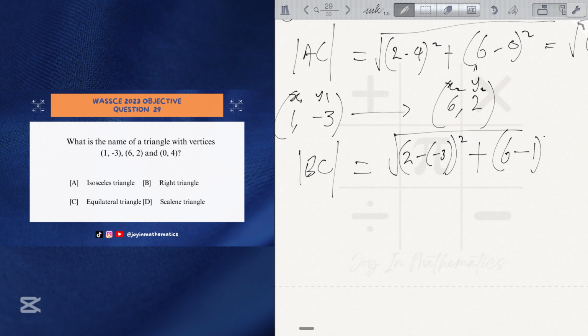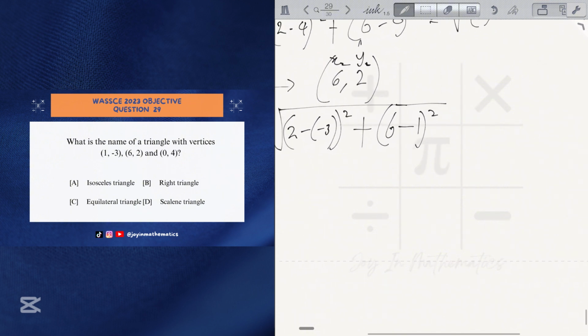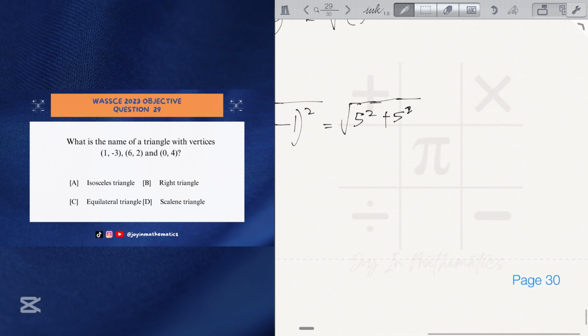Simplifying further, this gives us the square root of 2 plus 3, that's 5. So we have 5 squared plus 5 squared. Interesting. This gives us 25 plus 25, which gives us root 50.